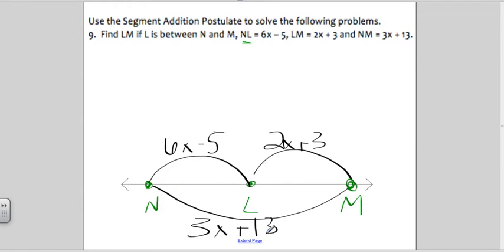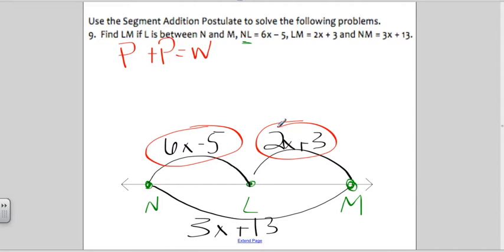Now remember, the segment addition postulate says we have one part plus the other part equals the whole. Well, these two are the pieces, because this is only this part, this is only this part. So those are what's going to go in for both of those parts. Then the whole segment NM is represented by the 3x plus 13. So that's going to go where the whole is.